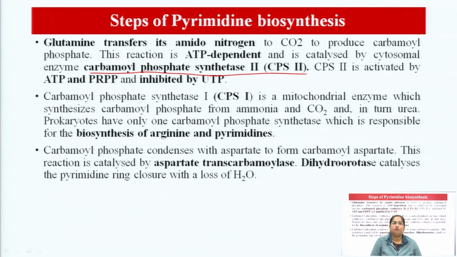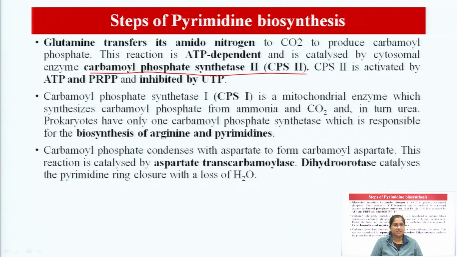Prokaryotes have only one carbamoyl phosphate synthetase, which is responsible for the biosynthesis of arginine and pyrimidines. Arginine again is an amino acid. Carbamoyl phosphate condenses with aspartate and forms carbamoyl aspartate, because we have incorporated aspartate here.